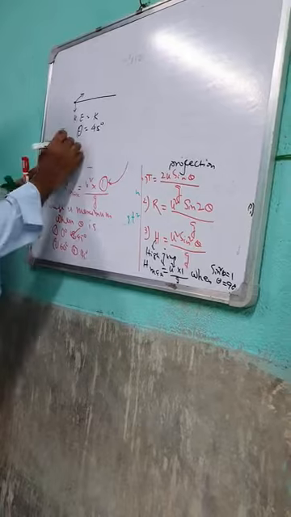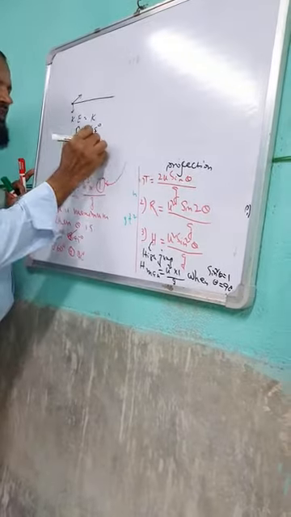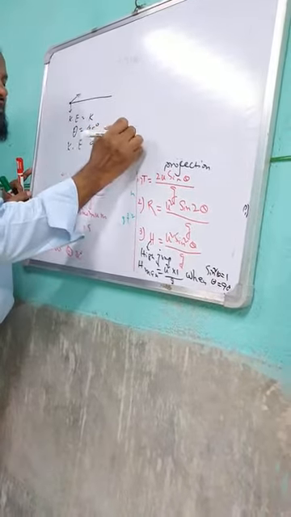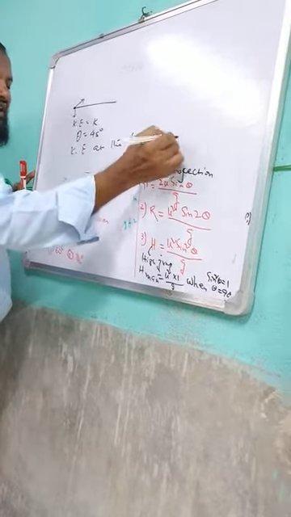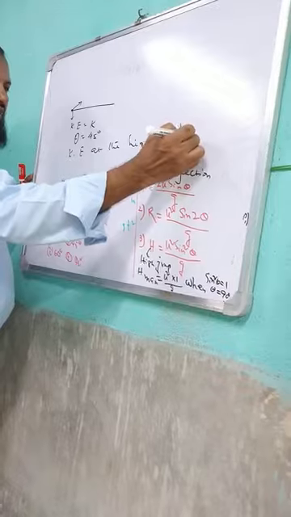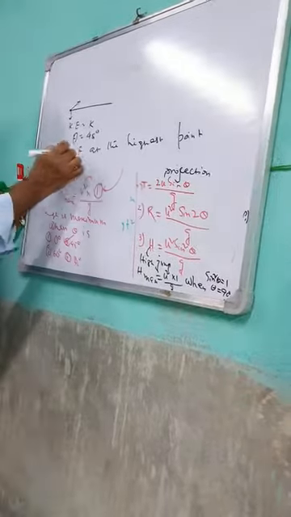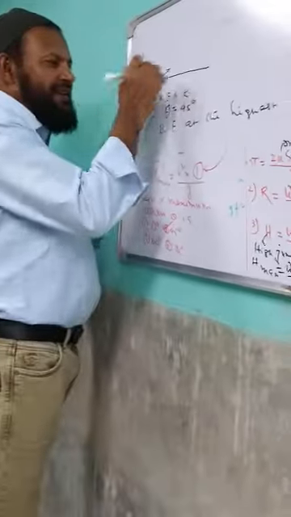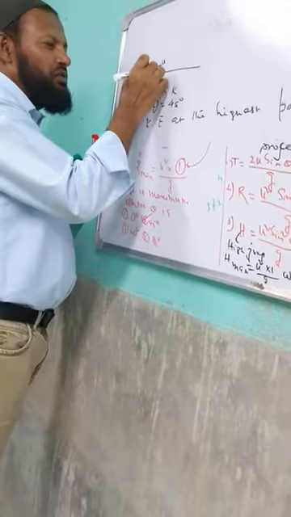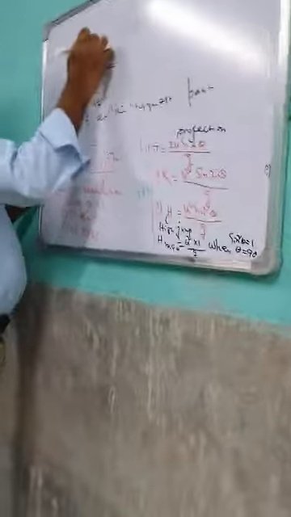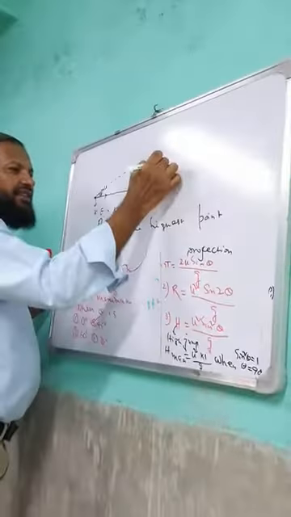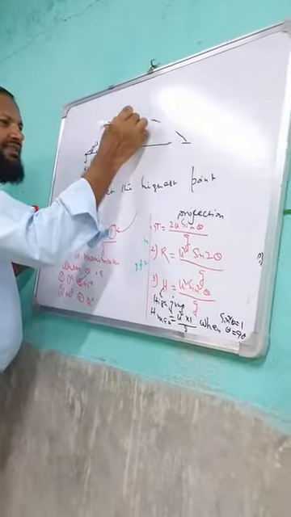The question asked: kinetic energy at the highest point. Very simple answer. Initial velocity is u, this is theta, and this is the total path, this is the highest point.